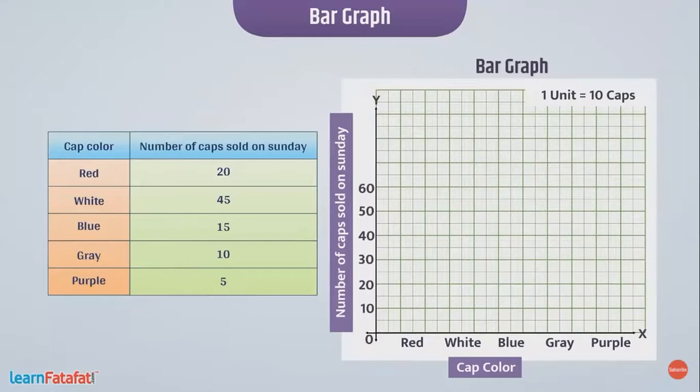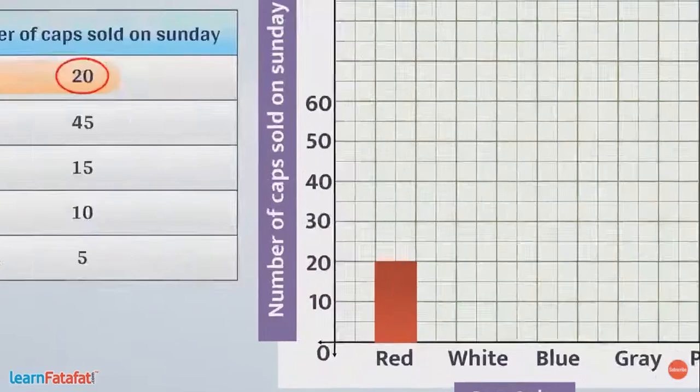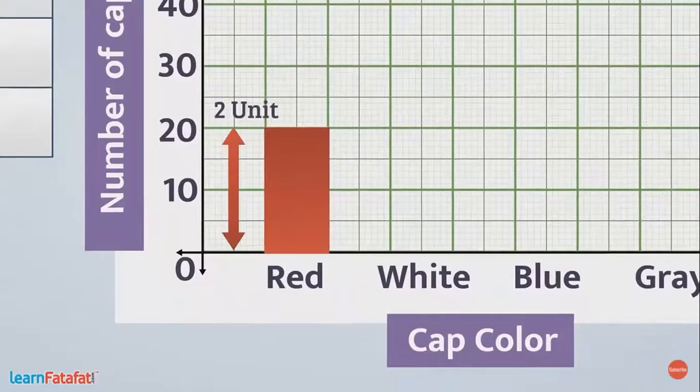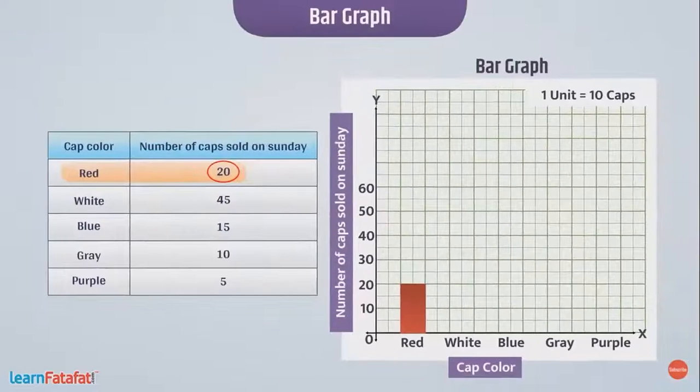Now, we will find the height of bars as per the data. Here, 20 red caps were sold. To represent the number 20, we can draw a bar extending from 0 to 20 on the vertical axis. It will be a bar of height 2 units. Similarly, for representing 45 white caps, we draw a bar extending from 0 to 45 on the vertical axis.